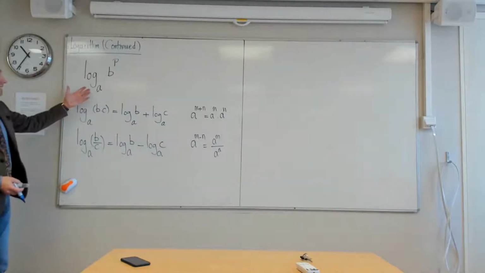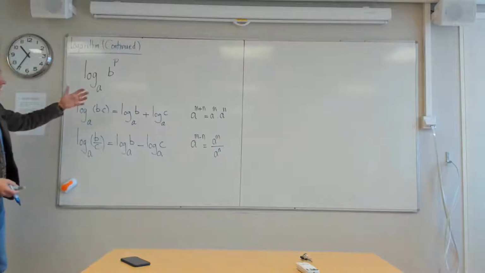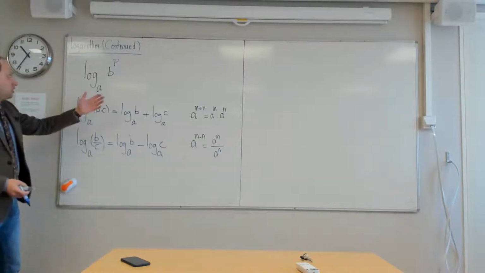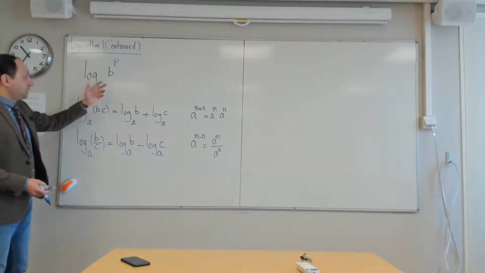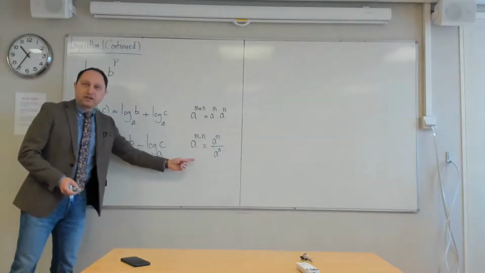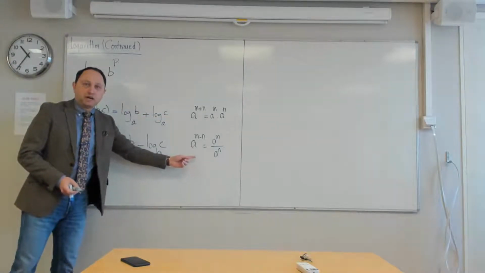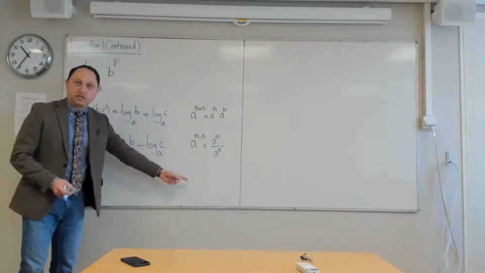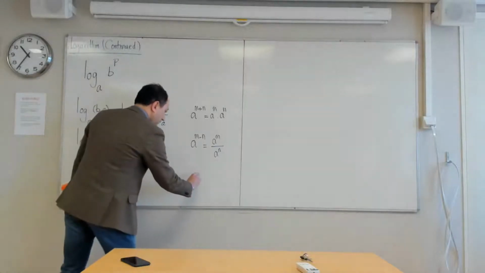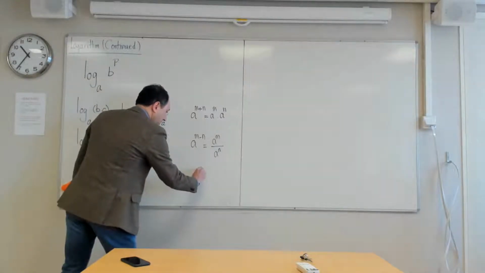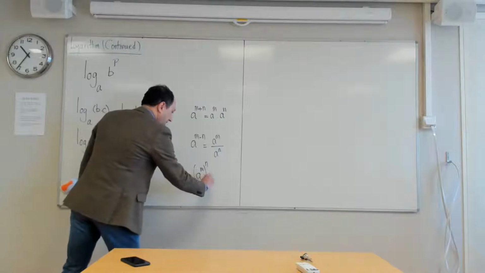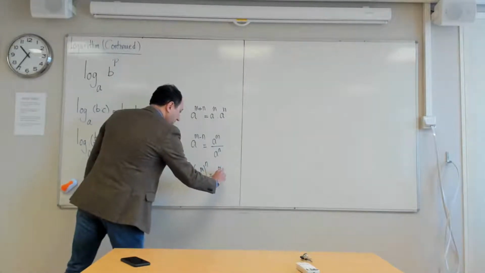Now I am more or less asking you the same question, but I just gave you a hint. If you want to calculate something like this, there is also another famous formula when you're dealing with powers, which is absent here. Rocco, if I remember correctly, mentioned that this formula is a to the m to the n is equal to a to the m times n.